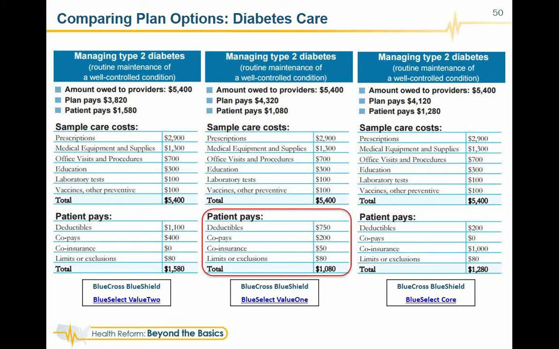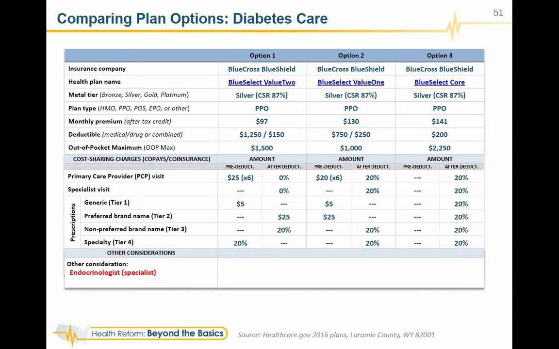So now let's move on to how many specialists are in network for Doug. Once again, there's only one carrier, so we're going to be looking at the same provider network for all of these plans. In this case, we find out that there are actually 0 specialists within 50 miles of Doug. We broaden the search further and find that there are only 2 in-network endocrinologists in Wyoming who are currently taking new patients.